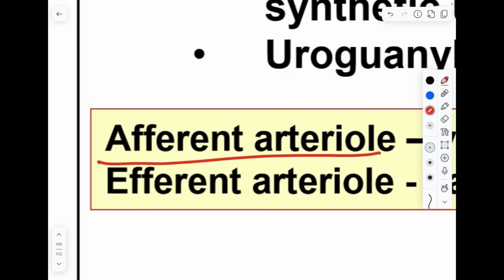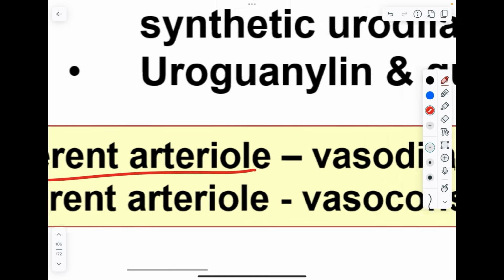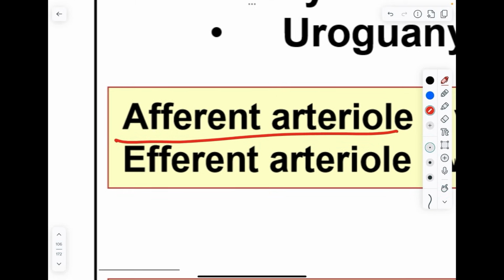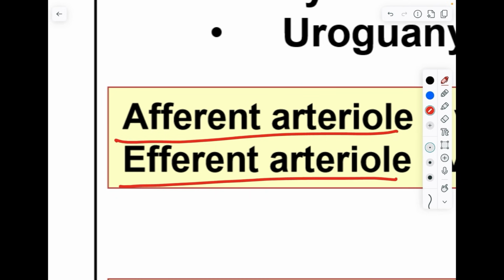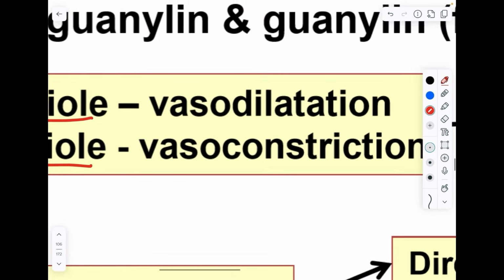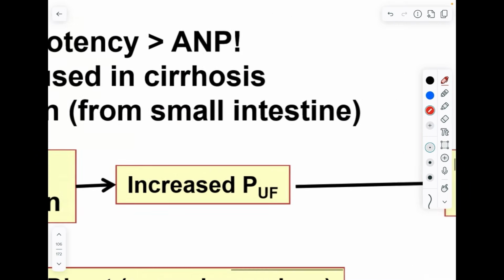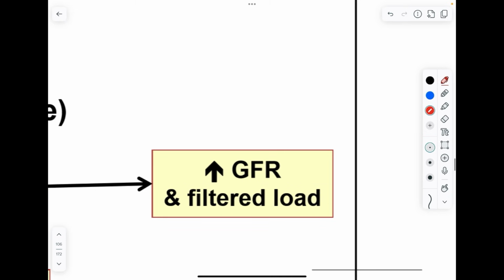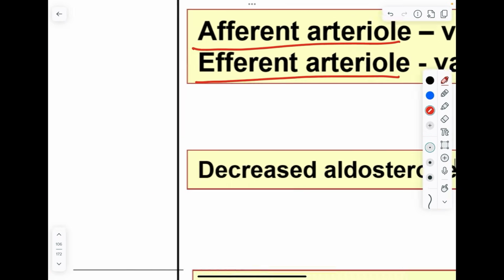Well, you want to excrete more, so you will need to increase GFR, so the afferent arteriole needs to be dilated. But in the efferent arteriole, I need more pressure in the capillary to increase GFR, so it will be constricted. You see? This is exactly what it does. So it increases the pressure, hence increases the GFR.